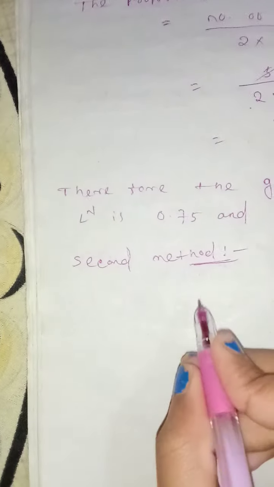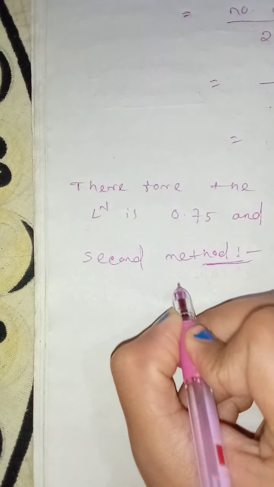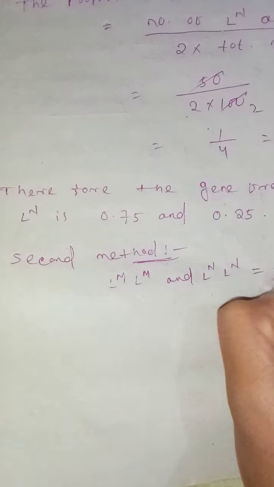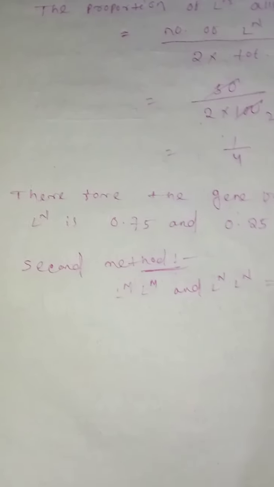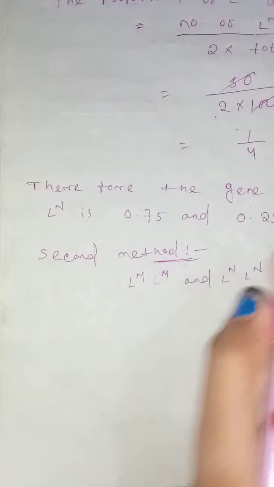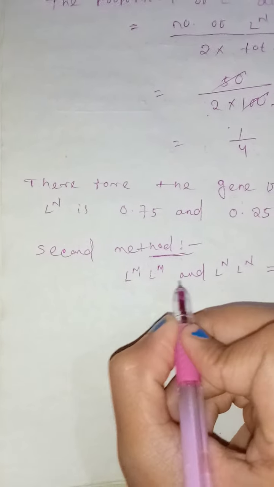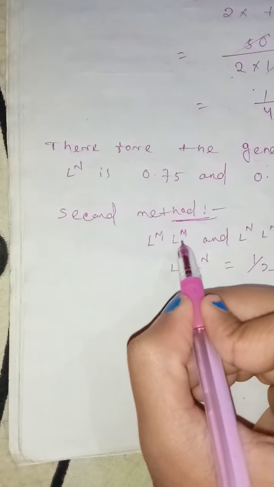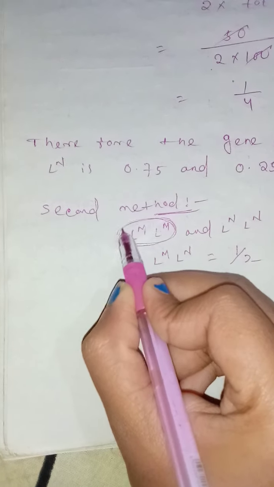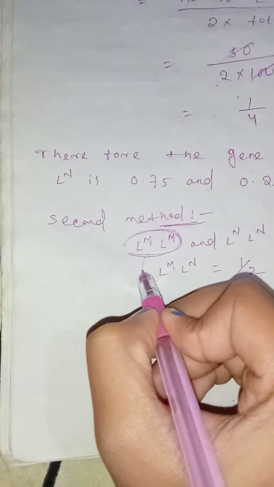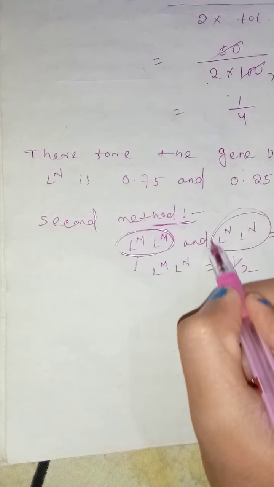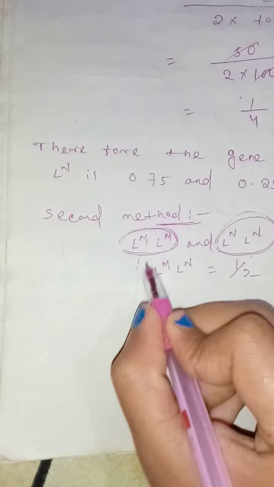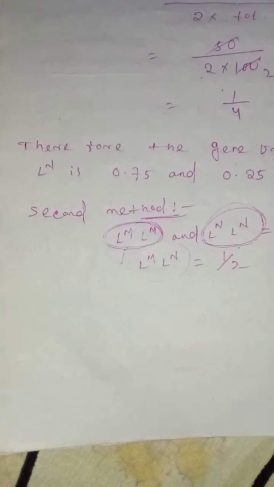So in the second method, we have assumed that the homozygous LM and LN is equal to 1, and the 1 heterozygote LMLN is assumed to be half. So in LM homozygote, 1 LM is present, and in LN homozygote, 1 LN allele is present, and here half number of allele is present.